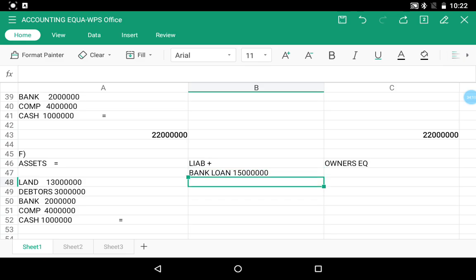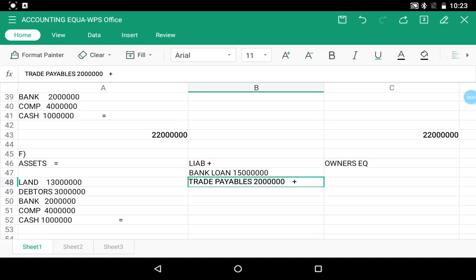Then we still have our trade payables because they have not paid them. We've said our trade payables, it is Tom. So Tom is still demanding from our business 2 million. So we don't have any other liability.